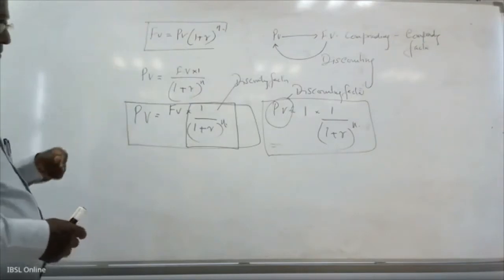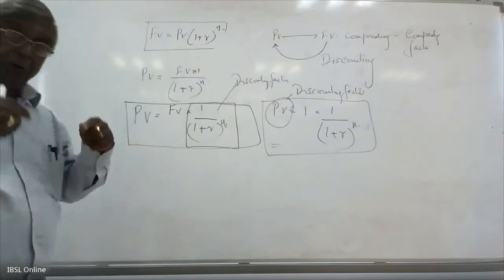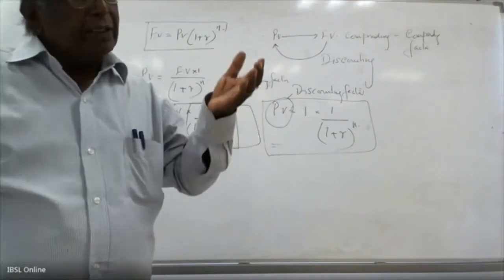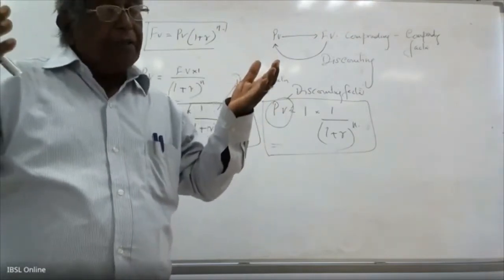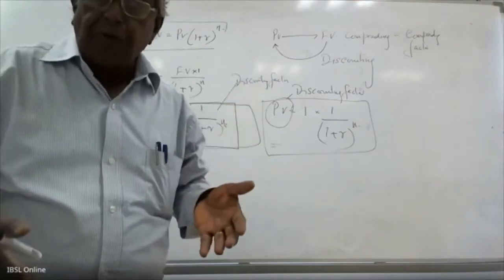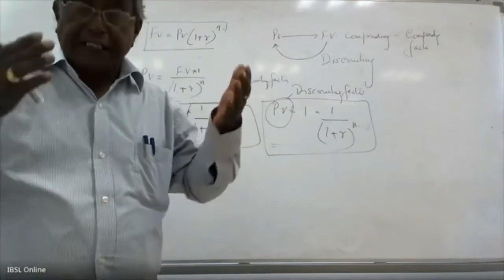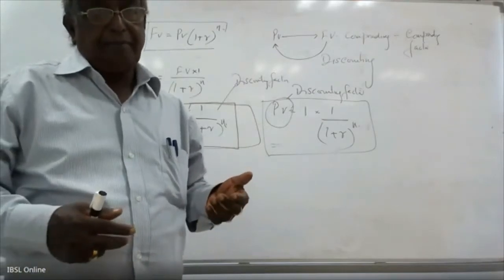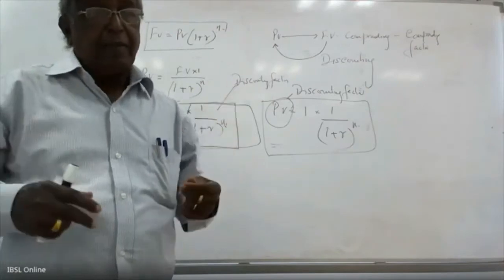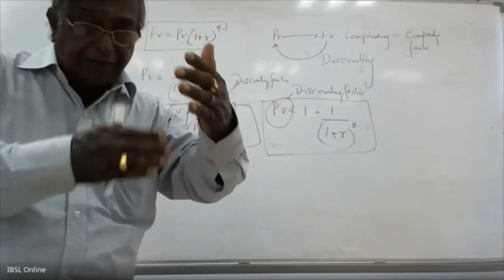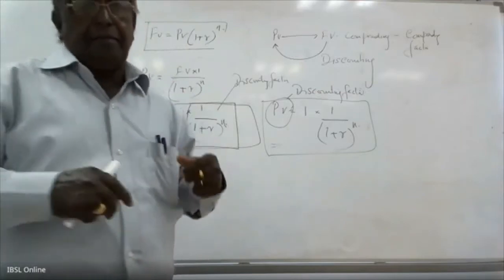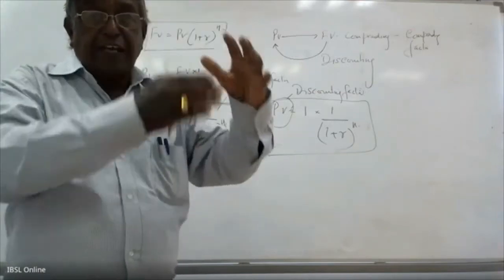So like compounding factor, where there are compounding tables for compounding factors, there are discounting tables for discounting factors. In a discounting table, for different interest rates and different periods, various values are given.